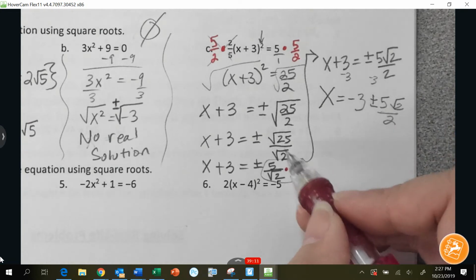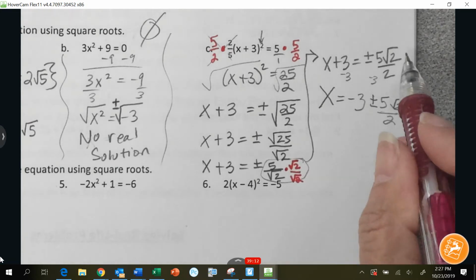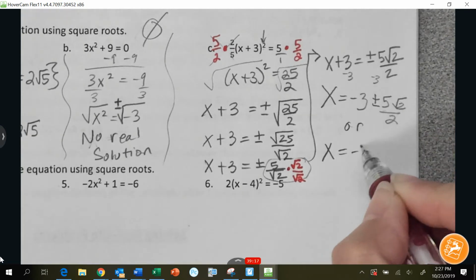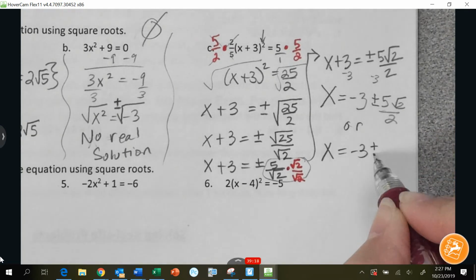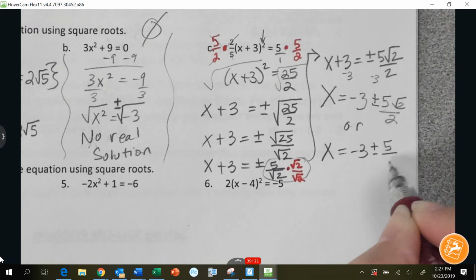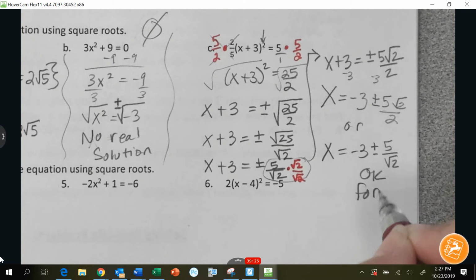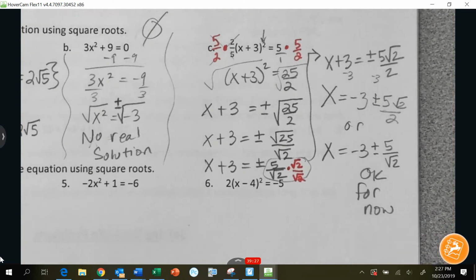Any of these answers are the same. It's just that this is the most accepted simplified version. If you have this answer, guys, this would be okay for now, until we study radicals, which is chapter 5.